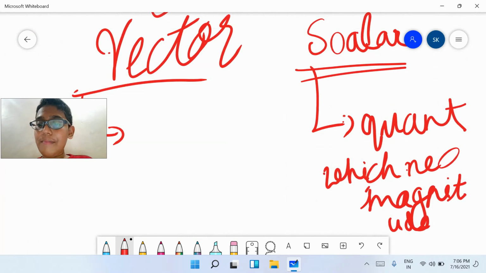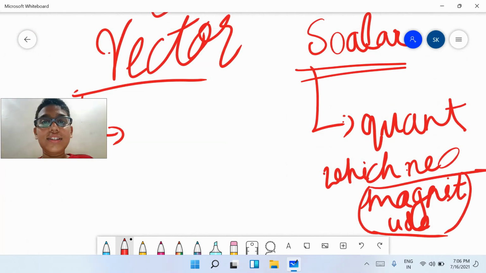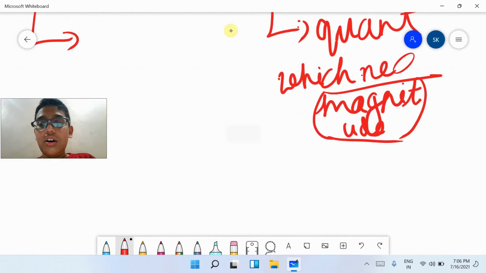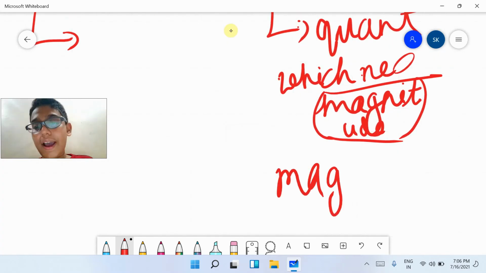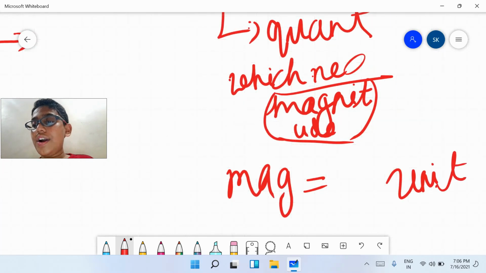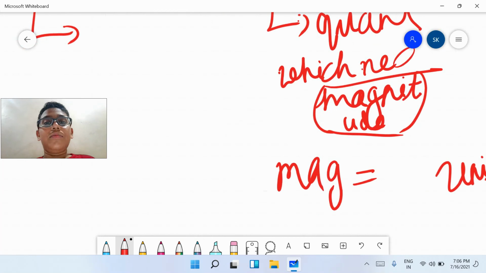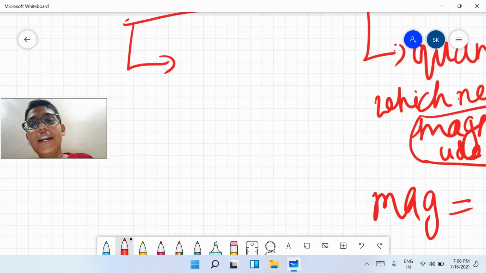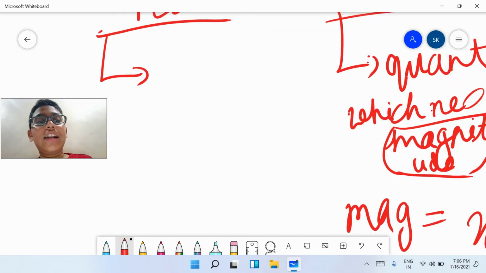So only magnitude. 5 meters is simply magnitude. To make it better, magnitude is made up of a unit and a non-dimensional number, a number having no dimensions. So let's assume here x, and a unit, which can be anything depending on the quantity and depending on the system which we are following.